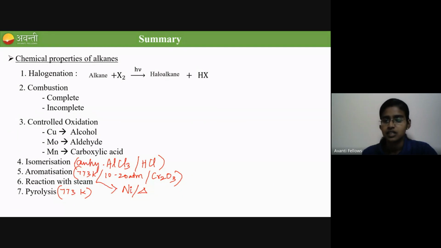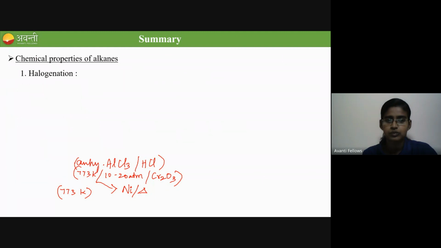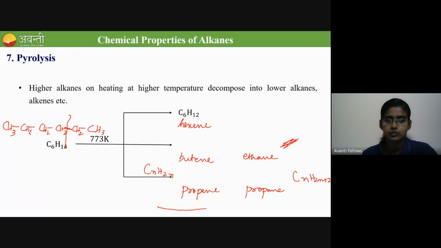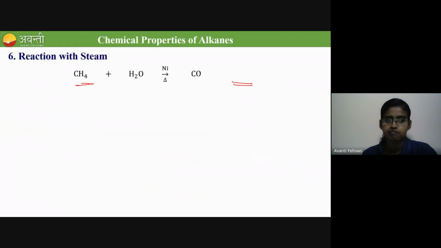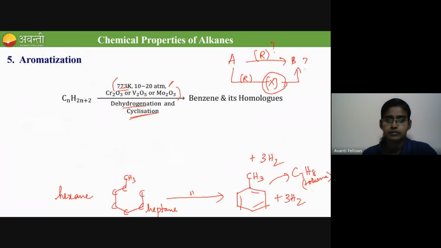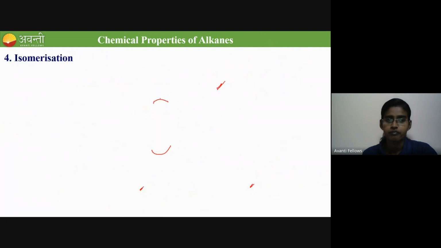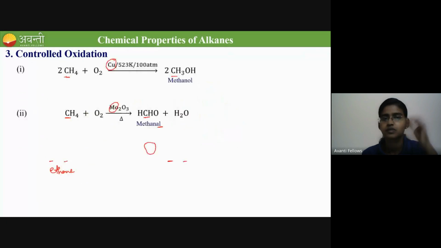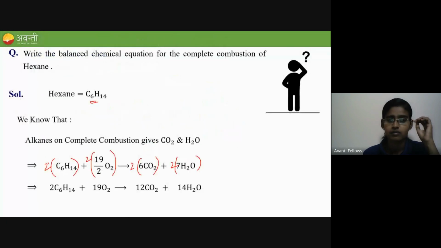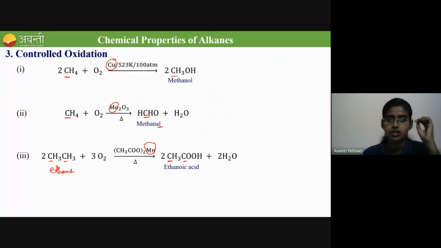Want me to explain controlled oxidation? Okay. This is the controlled oxidation. Controlled oxidation means oxidation is occurring with the knowledge of the person doing the reaction.